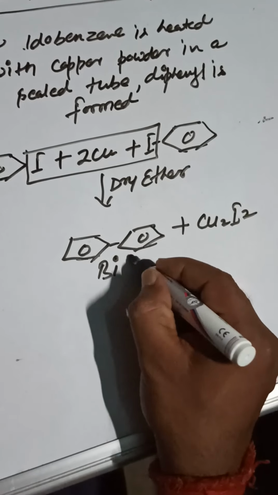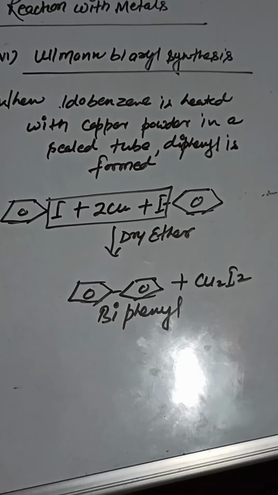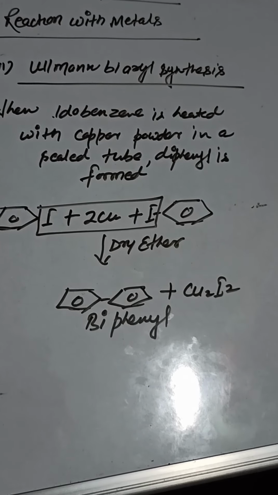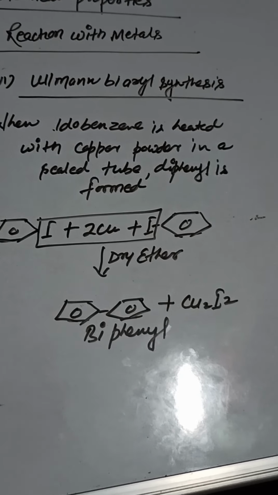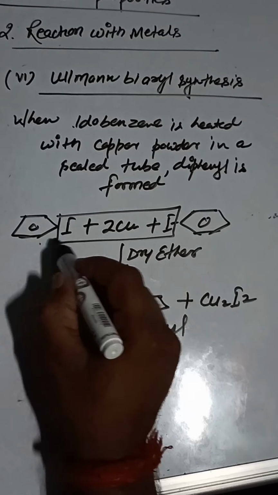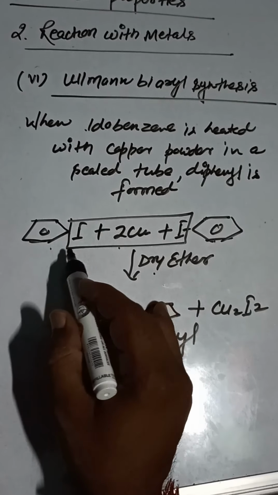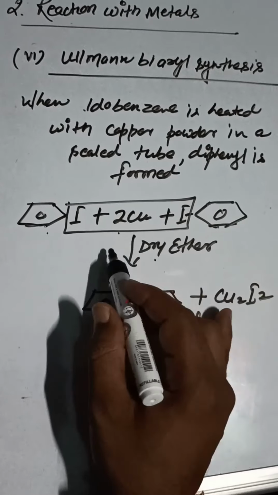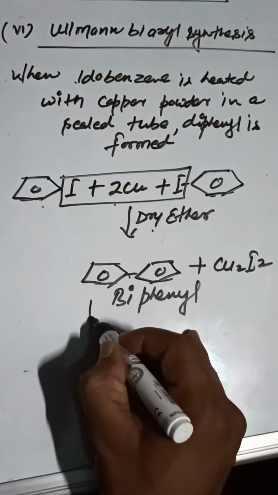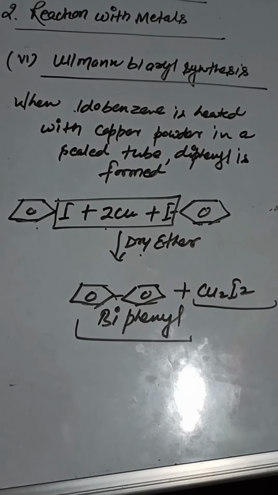This is called biphenyl. So when iodobenzene is heated with copper powder in a sealed tube, diphenyl or biphenyl is formed. So this is iodobenzene, copper powder, iodobenzene in the presence of dry ether. Then the fusion of the benzene rings takes place at the para position to give biphenyl, and cuprous iodide is obtained.